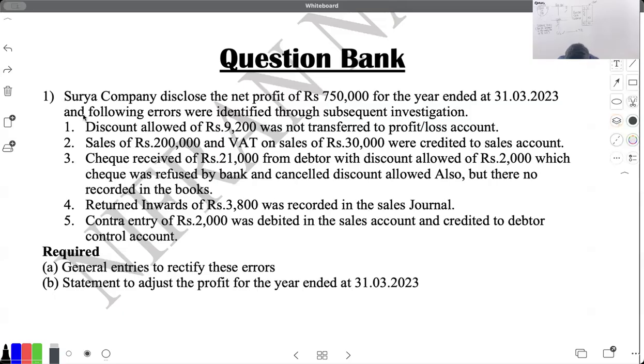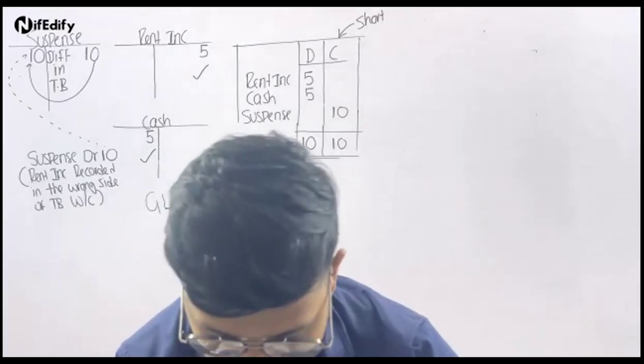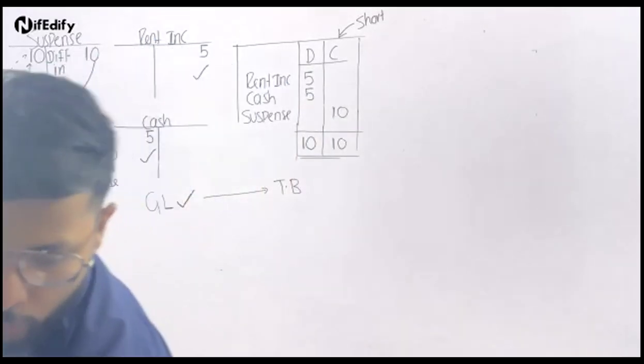These 5 errors are reflected in this 750. You need to correct these errors and make this incorrect profit into a correct one. I'll teach you how it's done. Let's get started.